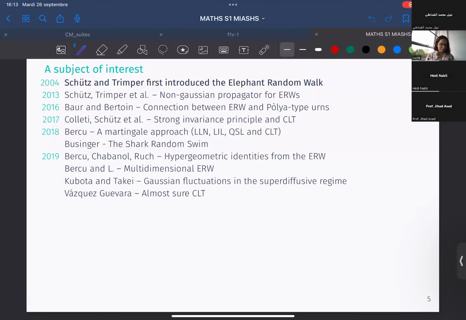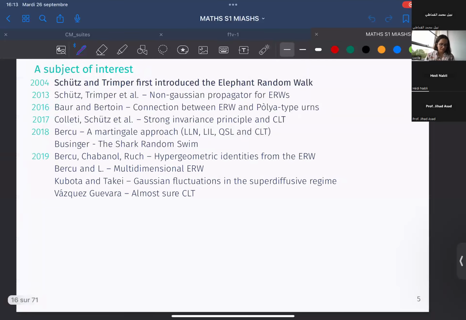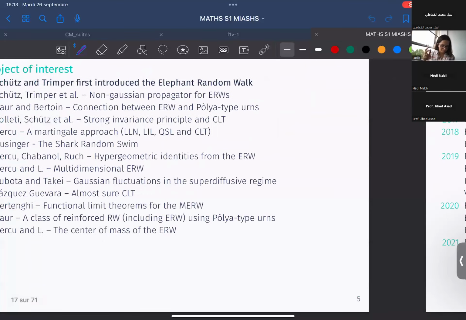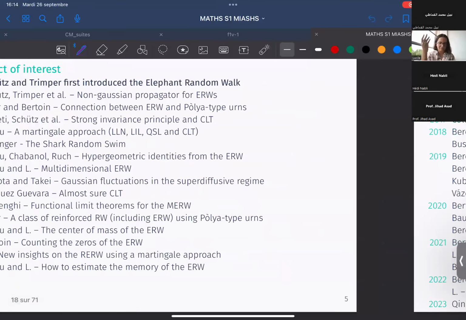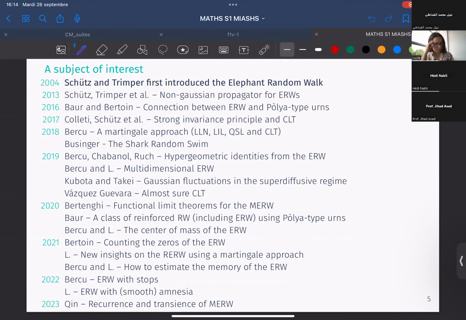So a lot happened in the last few years, and what I wanted to say is that it still continues to be a subject of interest, because as you can see, in the last year there were a lot of papers on this. This is just a selection to show that there are a lot of different things that are interesting.